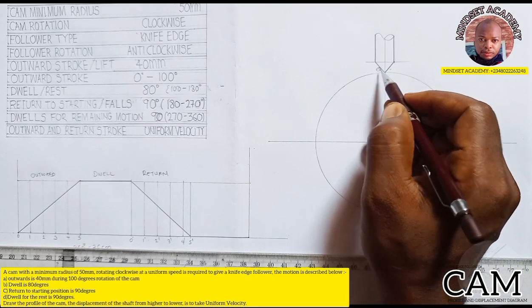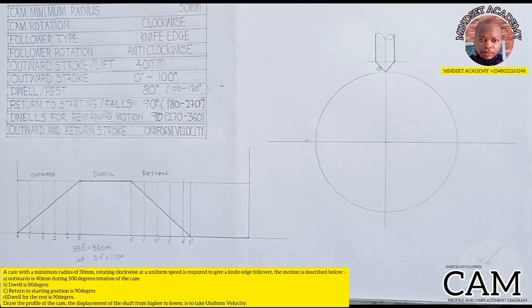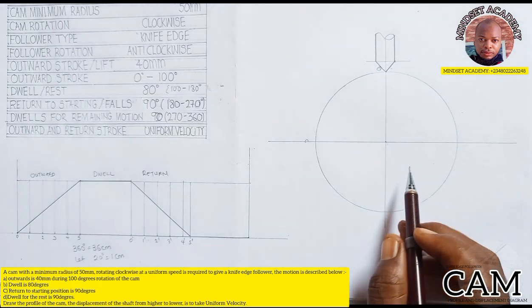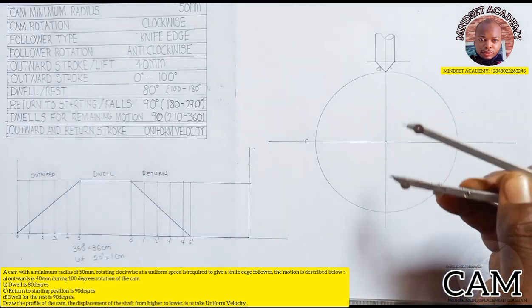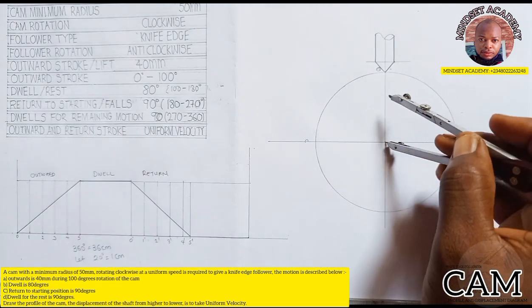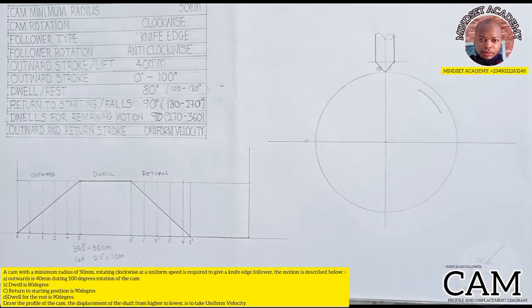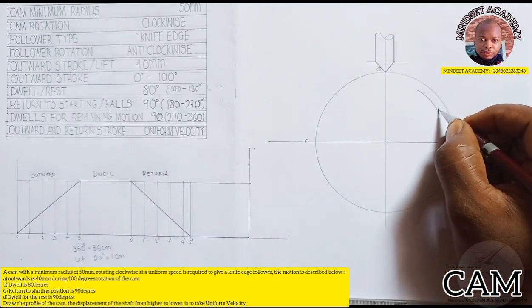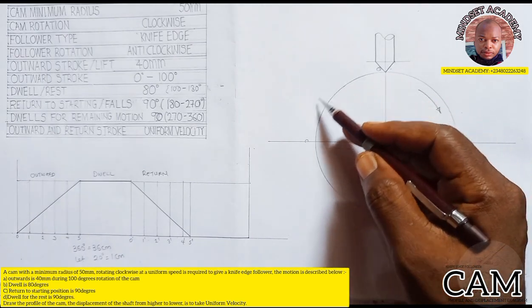From 0 to what? To 100. That should be our first point. So I will use my protractor and measure from 0 to what? To 100. So since the cam is moving in a clockwise direction, if the cam is going like this, clockwise, then the follower will come in this manner.